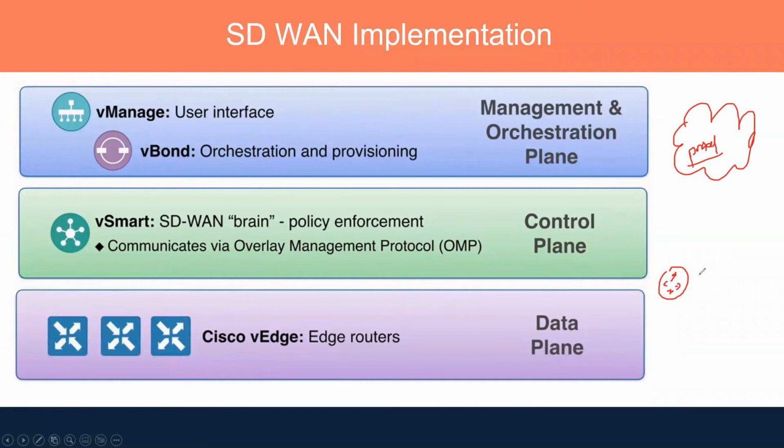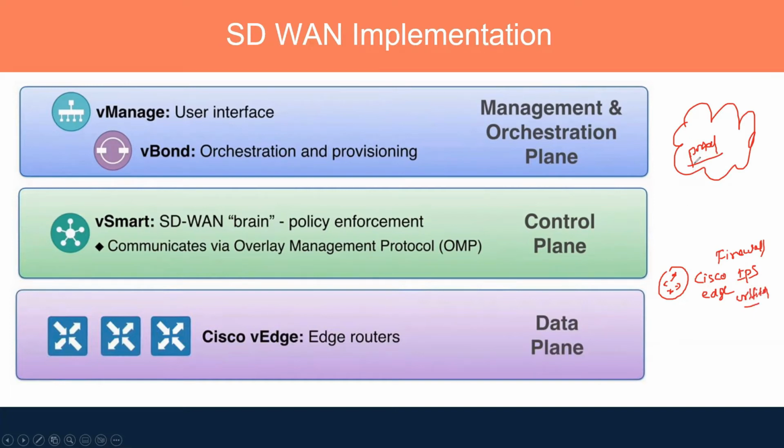This is the Cisco edge device. Let's say someone is saying that on this edge device you need to enable firewall or IPS or URL filtering. How can you do that?